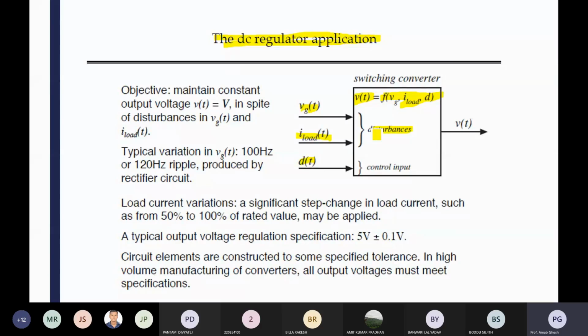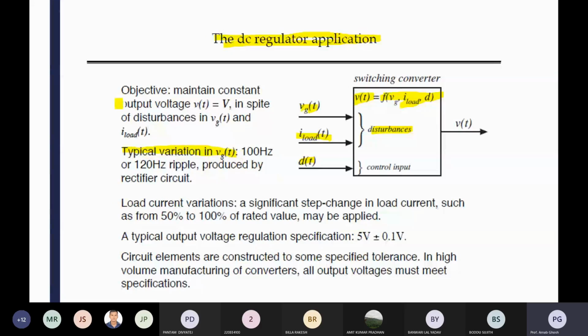That error signal is fed to the compensator. You can also add some disturbance to the error signal to check whether your controller is working fine or not. That is called the disturbance rejection method.